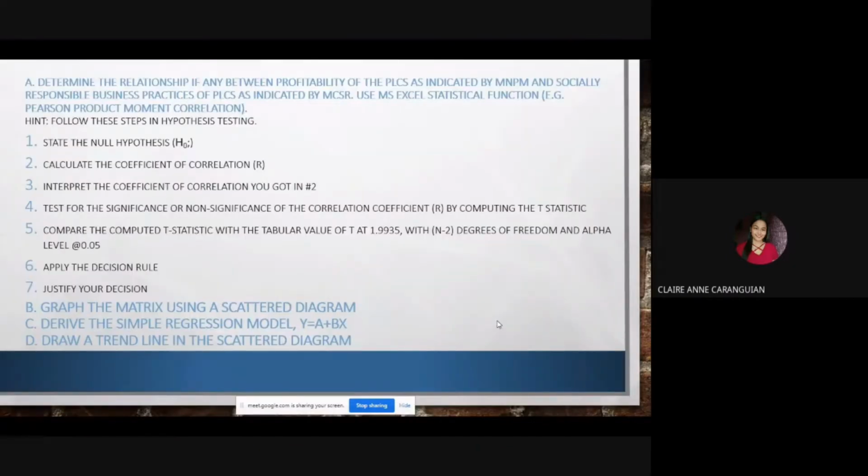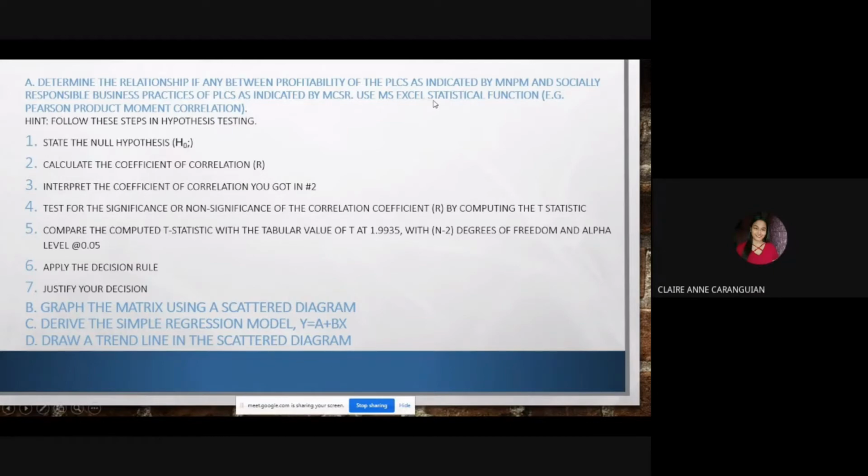So these are the following that we are going to determine. So A, determine the relationship, if any, between profitability of the public listed companies as indicated by mean of net profit margin and socially responsible business practices of public listed companies as indicated by mean of corporate social responsibility.